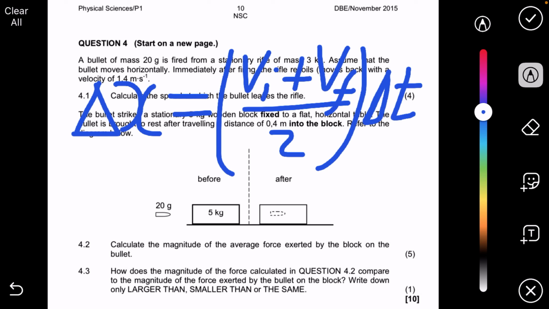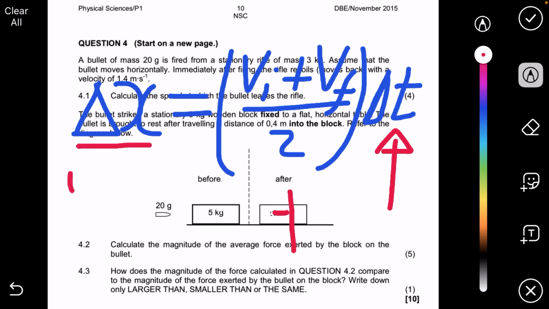I'm sure you are familiar with this formula. What exactly are we trying to calculate? We want to know the time it takes for this bullet to come to rest after traveling a distance of 0.4.